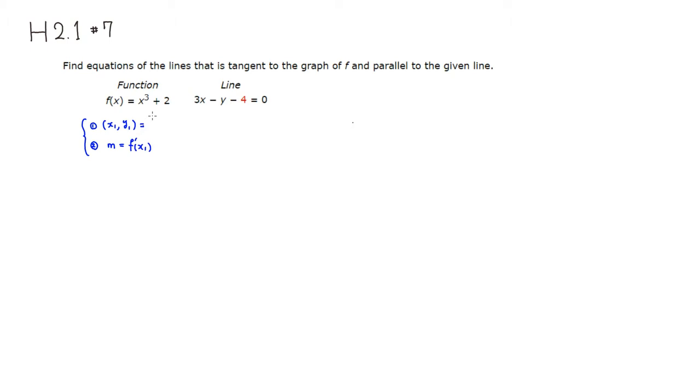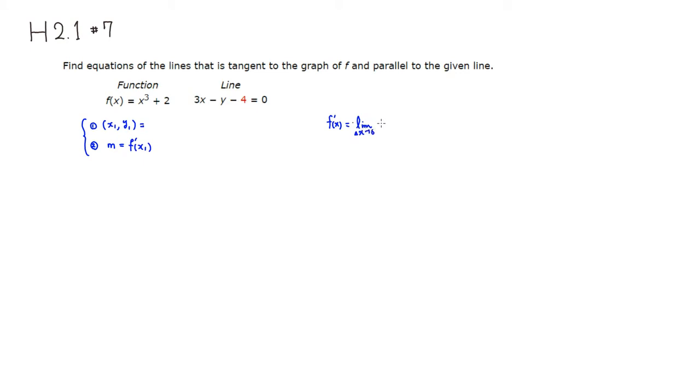Since this is section 2.1, we don't know the derivative rules yet, so we're going to have to use the definition. Let's go ahead and use the definition to find the derivative. So we want to find f prime of x, which is the limit as delta x approaches 0.